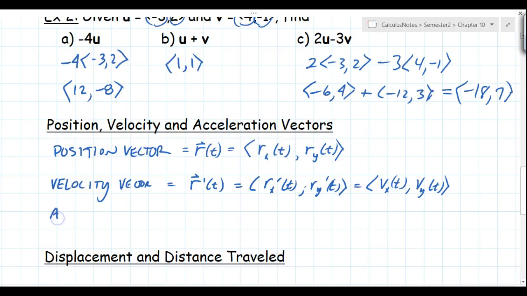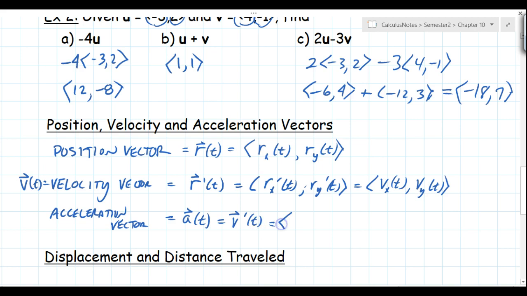And then the acceleration vector, which, by the way, the velocity vector, we would say v of t. Acceleration vector, a of t, would be the derivative of the velocity vector.